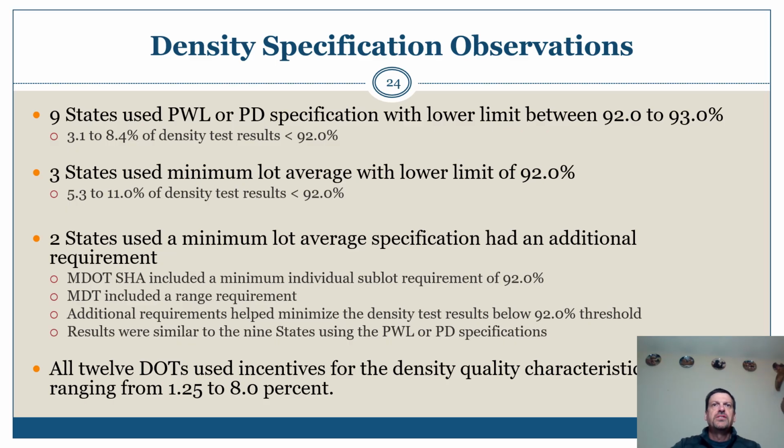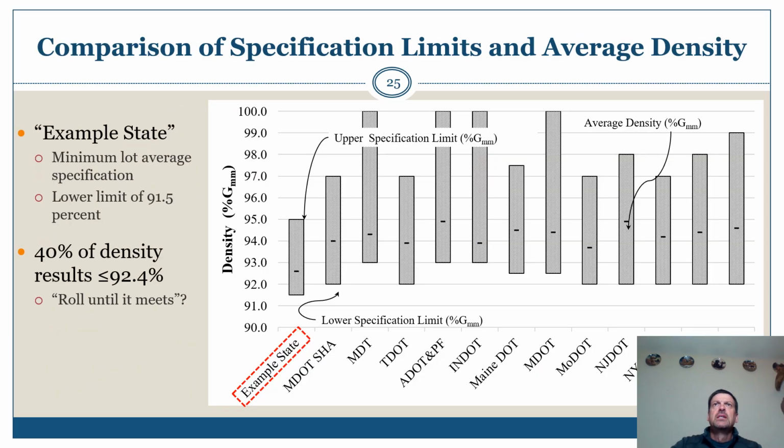All 12 DOTs use incentives for density, and they range from 1.25 to 8%.